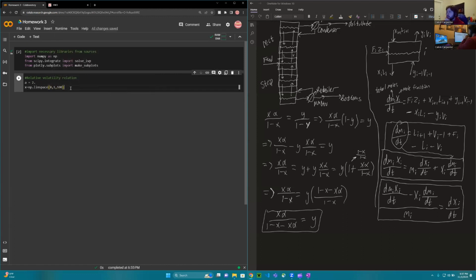Then our x value, we're just setting the bounds for the 2 variables in this equation here. We're going to set our y value equal to the equation that we set up in the previous section. So it's going to be x times a, divided by 1 plus x times a. Okay, let's see if that works.